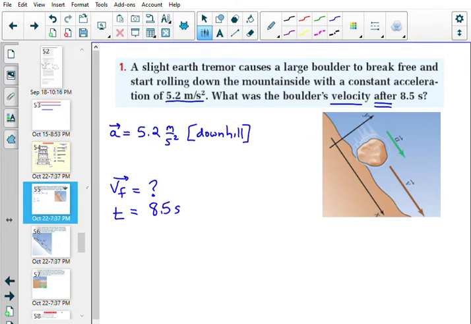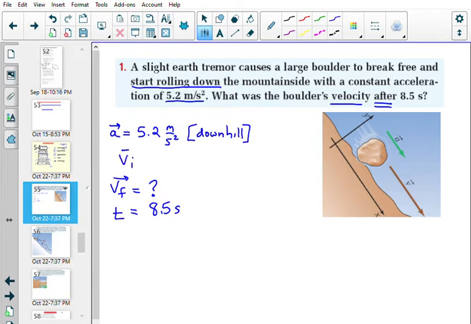If I go back to the question and try to see if there's something else in the context that we can get out here, we have that the large boulder breaks free and starts rolling down the hill. If it just starts rolling down the hill, then I think it's safe to say that the beginning speed is 0, because it just started to move.